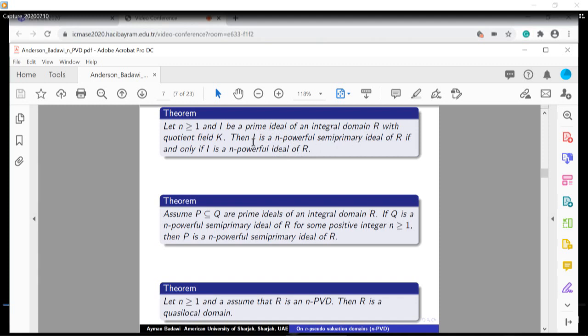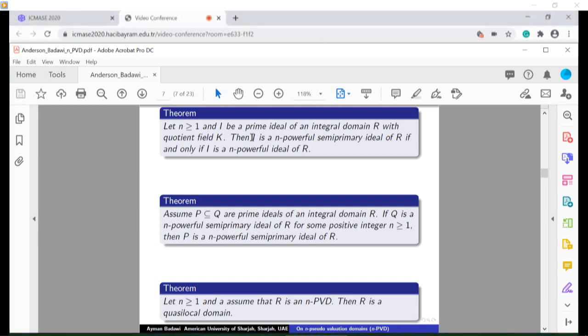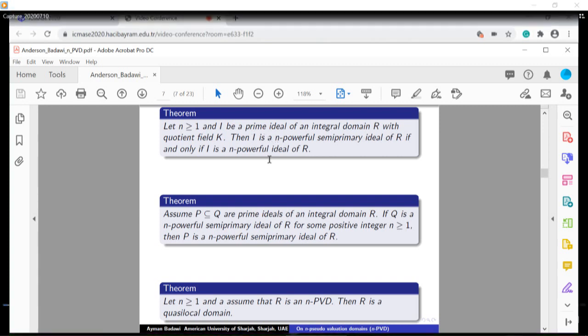It means that whenever you have x to the n, y to the n in I, for some x and y in K, then x to the n has to be in I, or y to the n has to be in I. Whereas for powerful, whenever you have x to the n, y to the n in I for some x, y in K, then you want to show only x to the n in R or y to the n in R. So maybe to check n powerful is easier than n powerful semi-primary for a prime ideal.